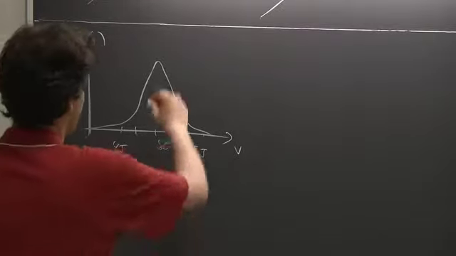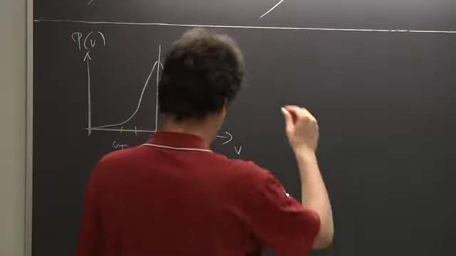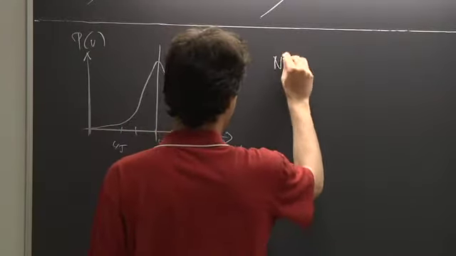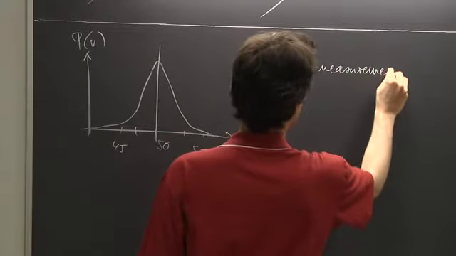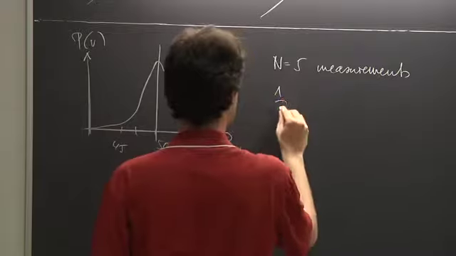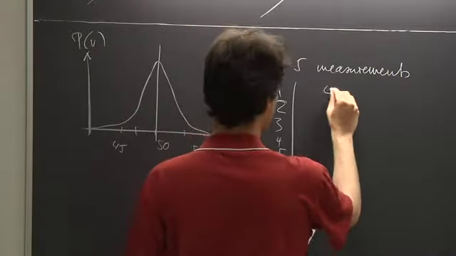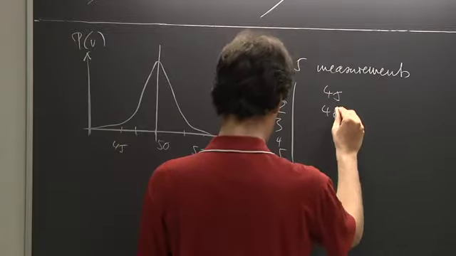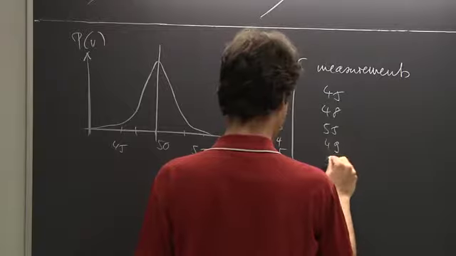So for the first question, let's make an example. You take 5 measurements. So you have 5 values that you measure, like, say, 45, 48, 55, 49, and 53.